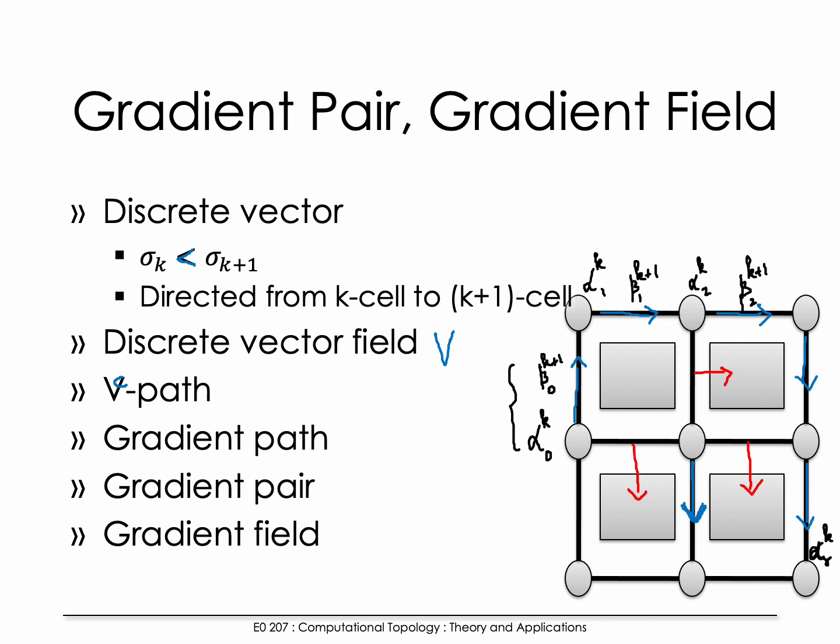A discrete vector field V becomes a gradient field V if all the V paths in this discrete vector field are gradient paths, namely if there are no cycles in any of the V paths within the vector field.